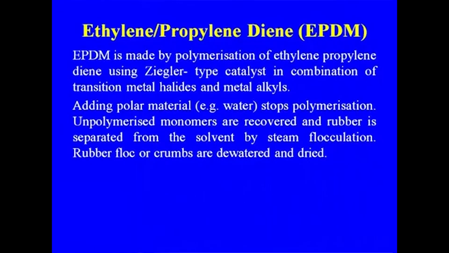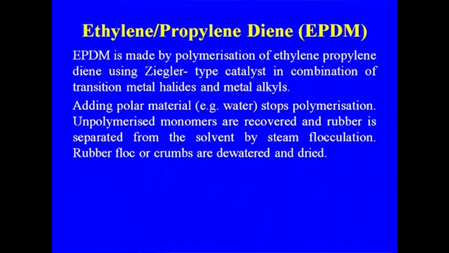Another very important class of the specialized elastomer is the ethylene propylene rubber. It is made by polymerization of the ethylene propylene diene using Ziegler type catalyst, in combination of transition metal halides and the metal alkyl.